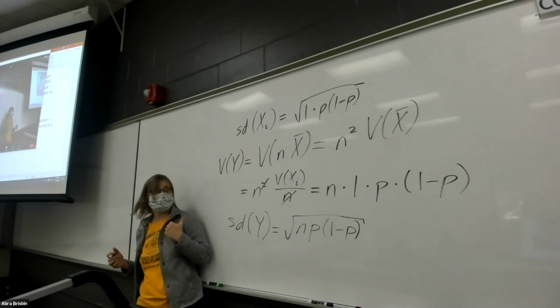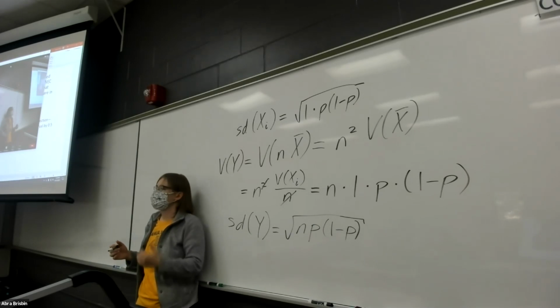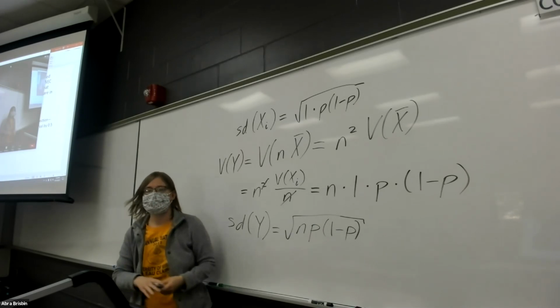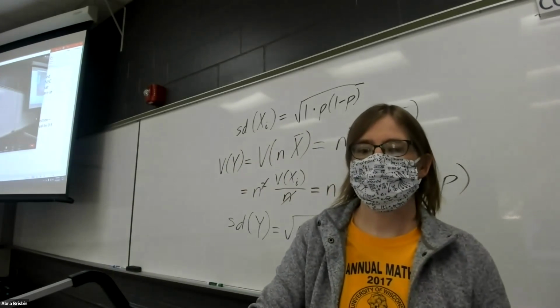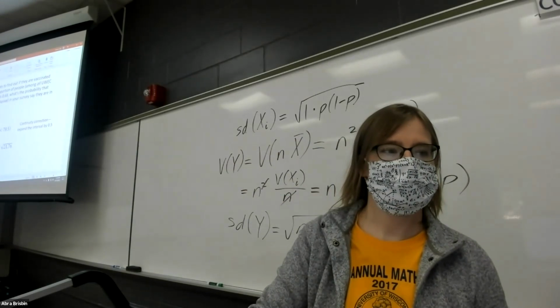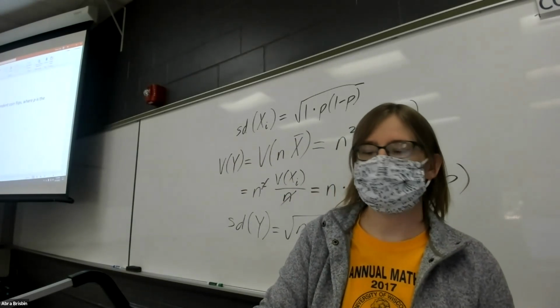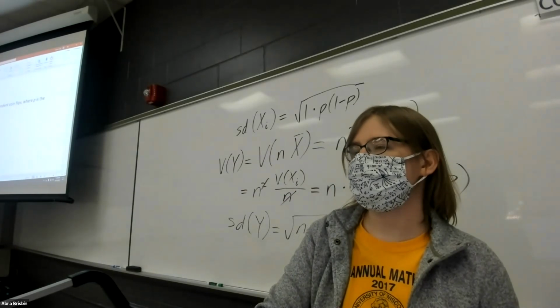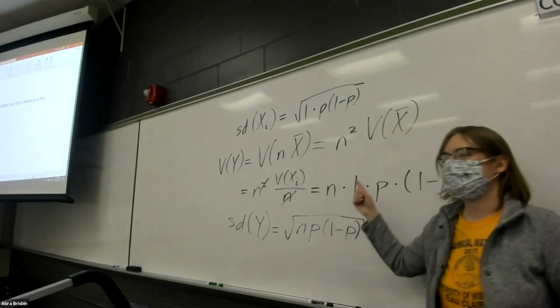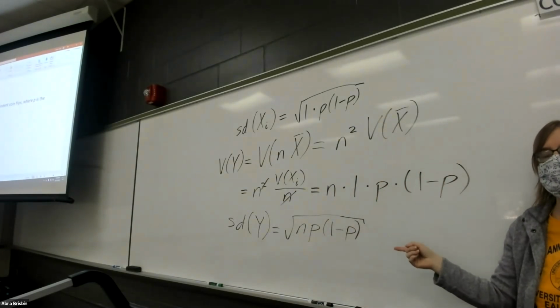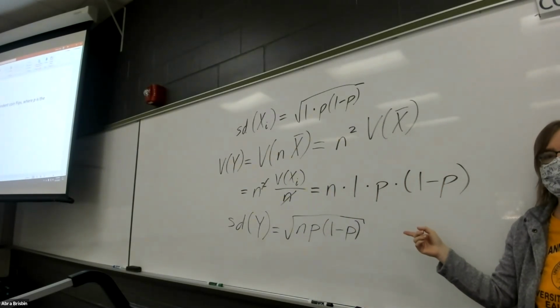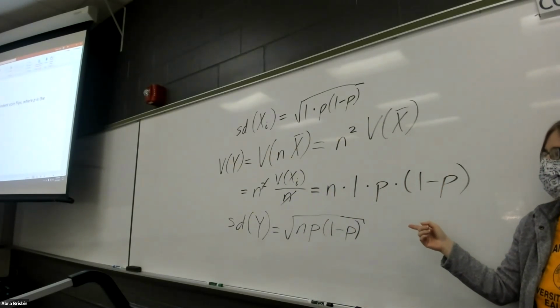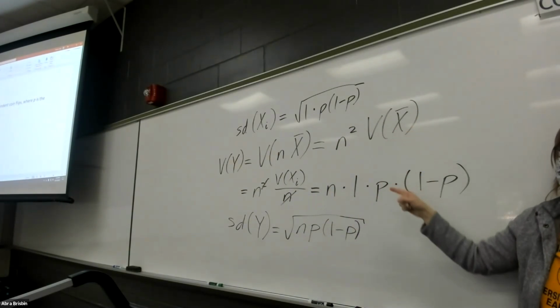So you get the same standard deviation of y, regardless of whether you are looking at it from y as a binomial random variable, or looking at it as what would we get if we use the central limit theorem. But you just have to go through more steps this way.